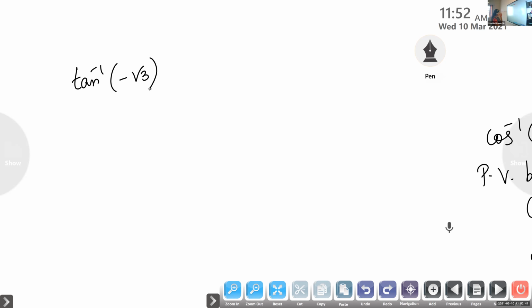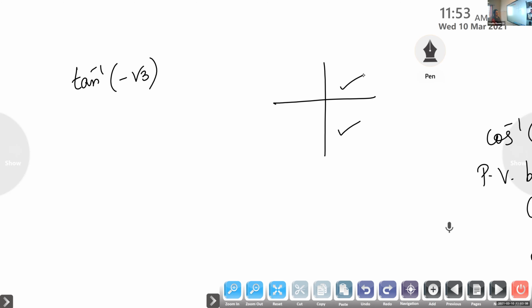Tan is negative. What about the principal value branch of tan? From there, find out the principal value and give. Srihari, what about the principal value branch of tan inverse of x? Minus pi by 2 and pi by 2.